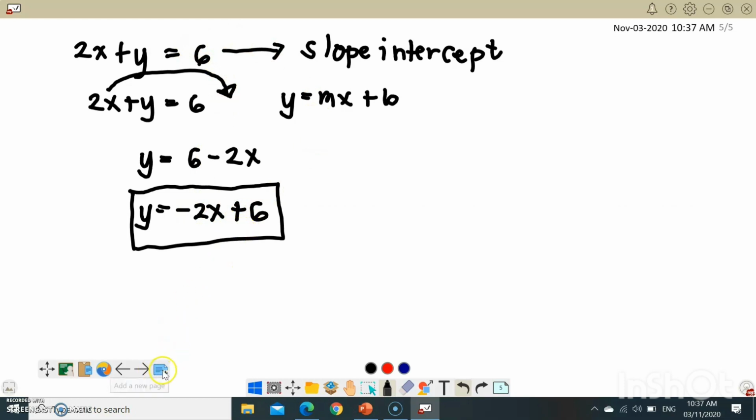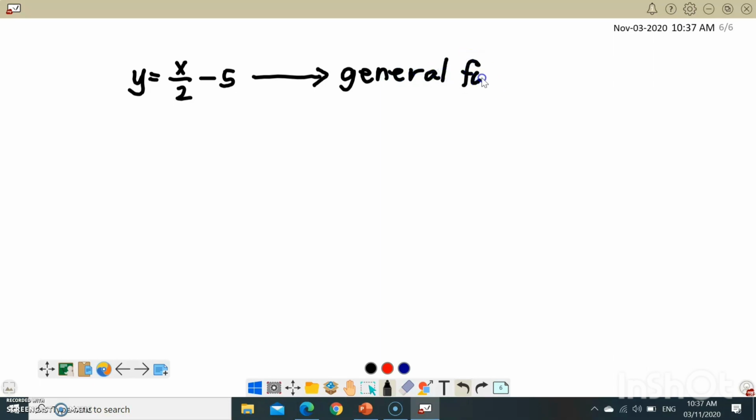Okay, let's try one more. Let's say we have here y = x/2 - 5. We need to transform this into general form. As you can see, the given linear equation in two variables is written in slope-intercept form.